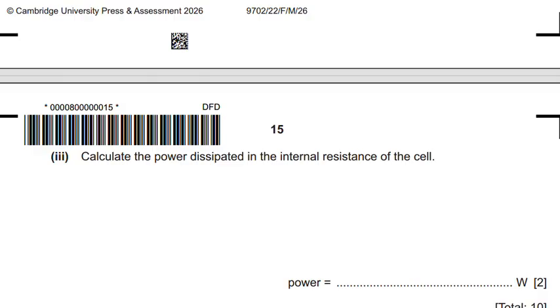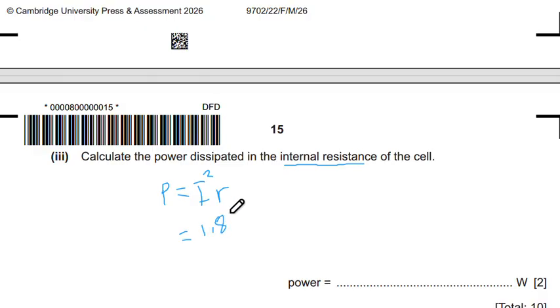Power dissipated is I squared R. And once again, be careful for which resistor the question asks about. It is the internal resistance, R small.